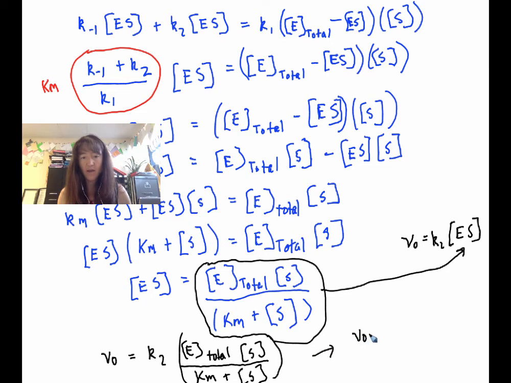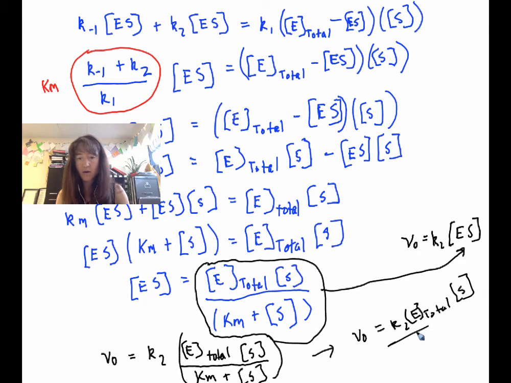I think you're going to recognize we don't really need to have that in a quantity there, because it's just a multiplication. So you'll be beginning to recognize something, I hope, that I just write. So k2 times enzyme total times substrate over Km plus the concentration of substrate.